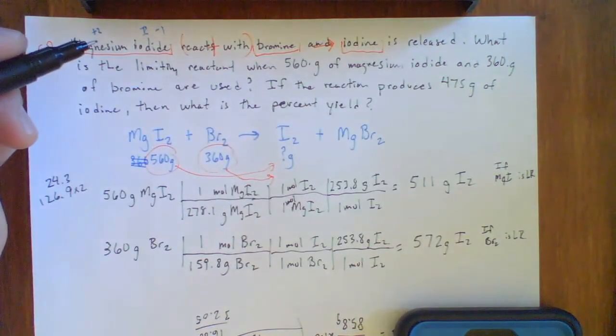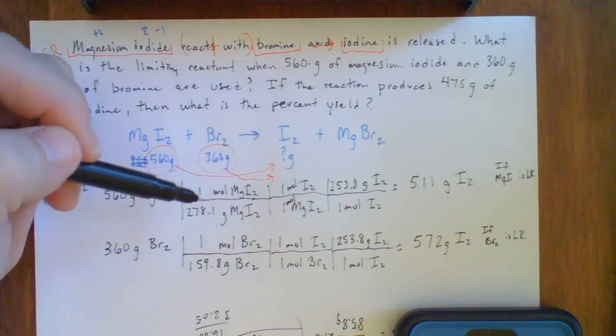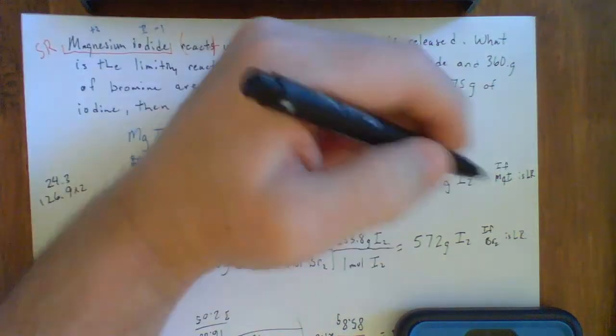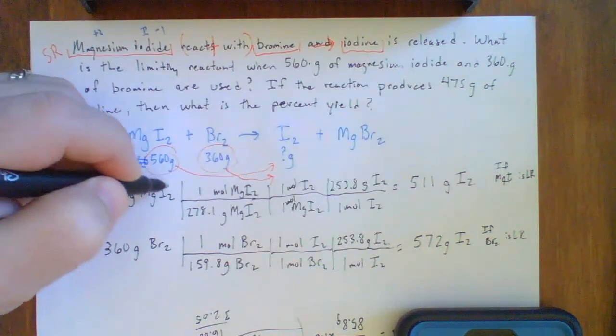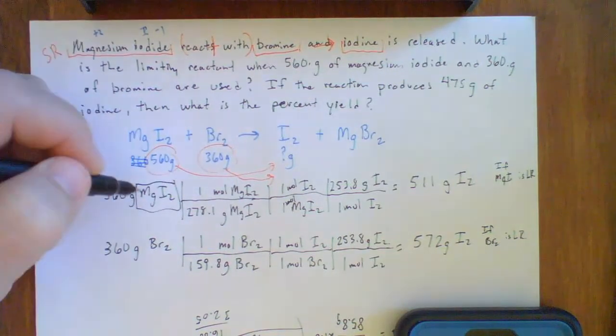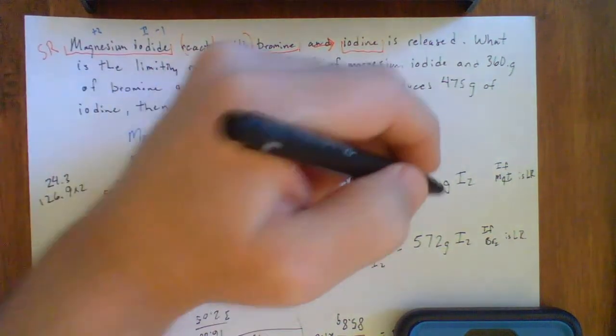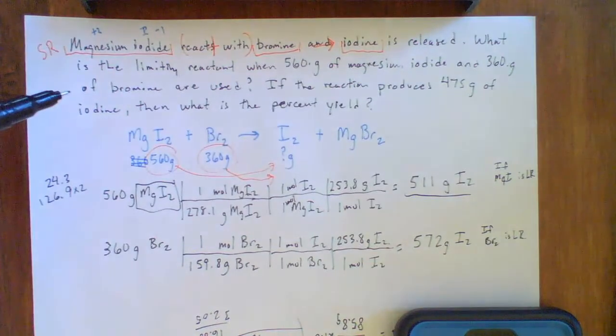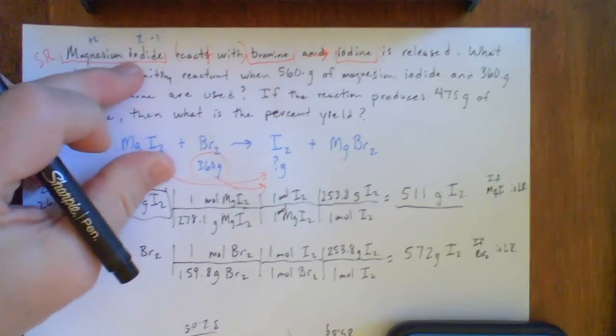And so when I compare my two, I can only make the smaller amount, so the MgI2 is the limiting reactant because the smaller quantity is what I can make.